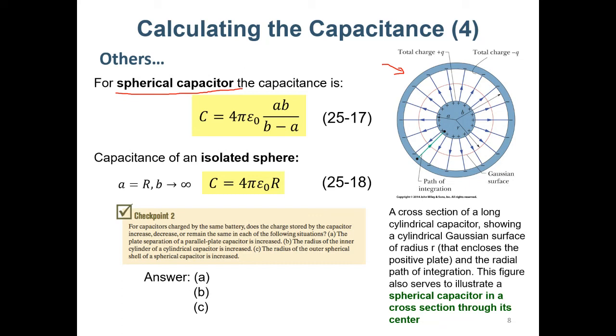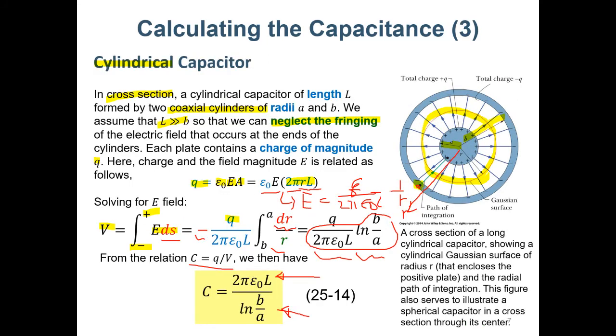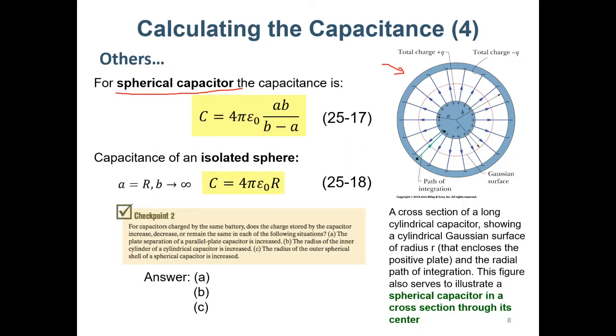This is two spheres. That one is only a cross section. They have the same cross section, which doesn't mean that the original structures are the same. This one is a cylindrical capacitor. This one has two spheres, two balls: one larger shell and then one inner ball inside. So actually you can also use Gauss's law to derive this one. It's not so difficult.